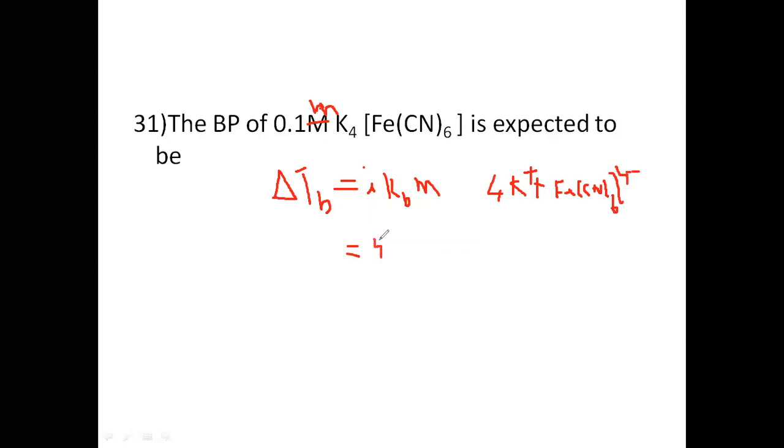So 5 into KB is 0.52, I already mentioned this is constant for water, into 0.1 is the m value. So what value am I going to get? This whole value is almost 0.26.